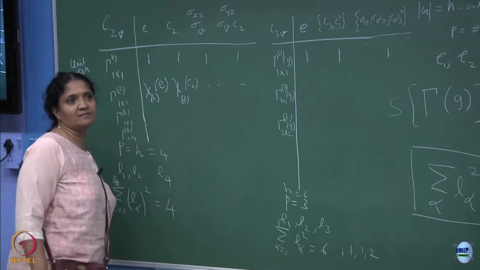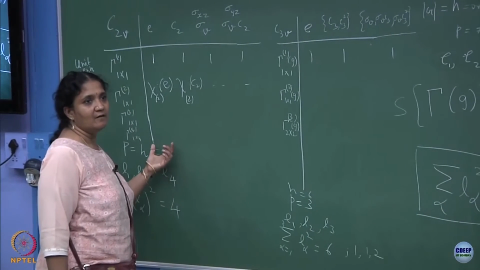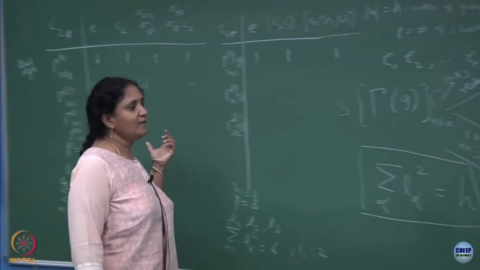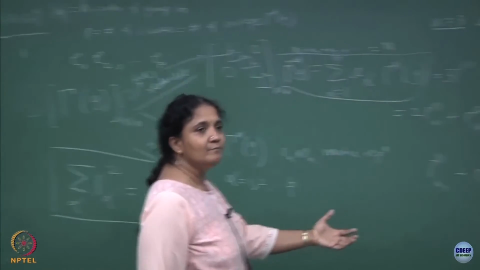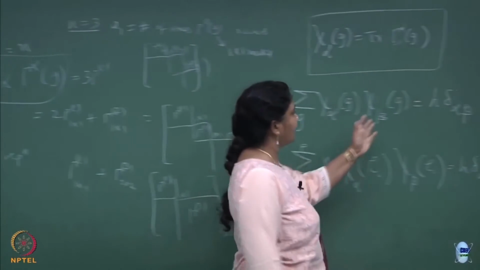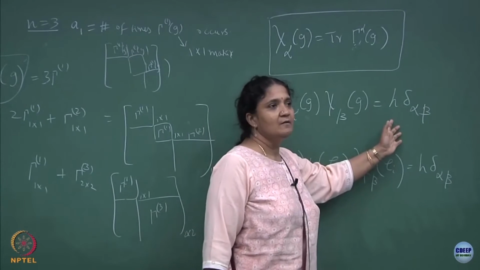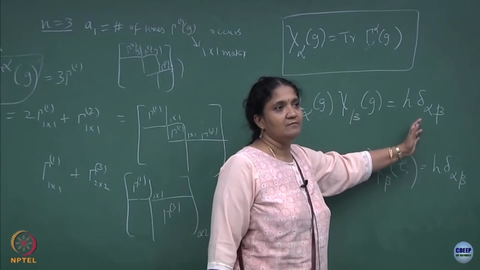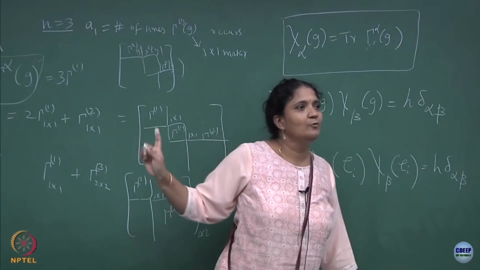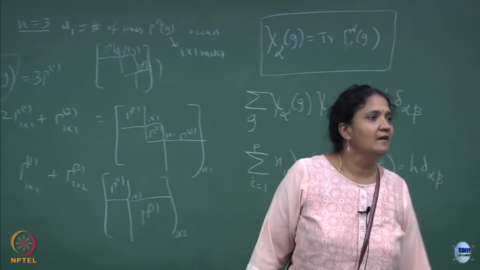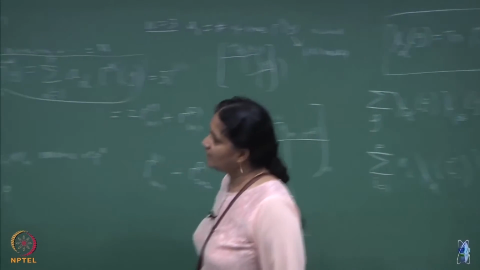I need to fill this, I have not done it. How do we fill it? We just use this property. The product summed over all elements should be orthogonal, because one irrep is a unit representation, the other irrep is a non-trivial representation. So, let us fill it.